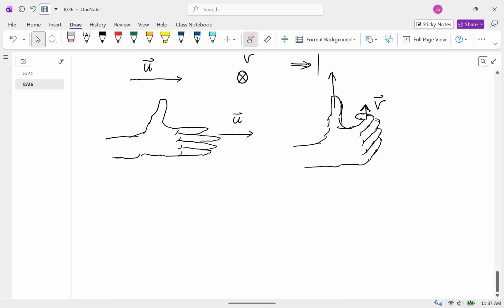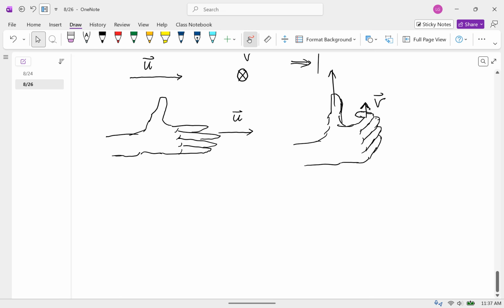Okay, cross product. If you have a TI-89 or a TI Nspire, you're in luck.